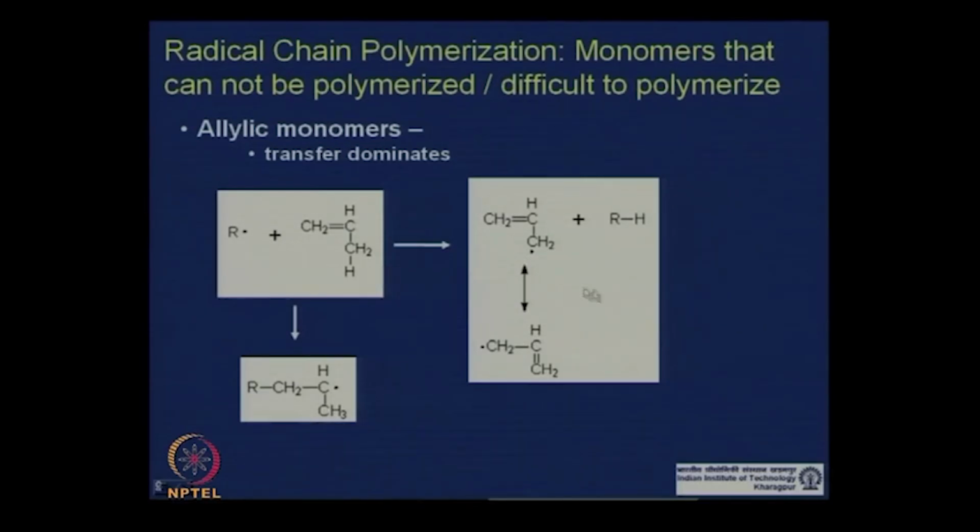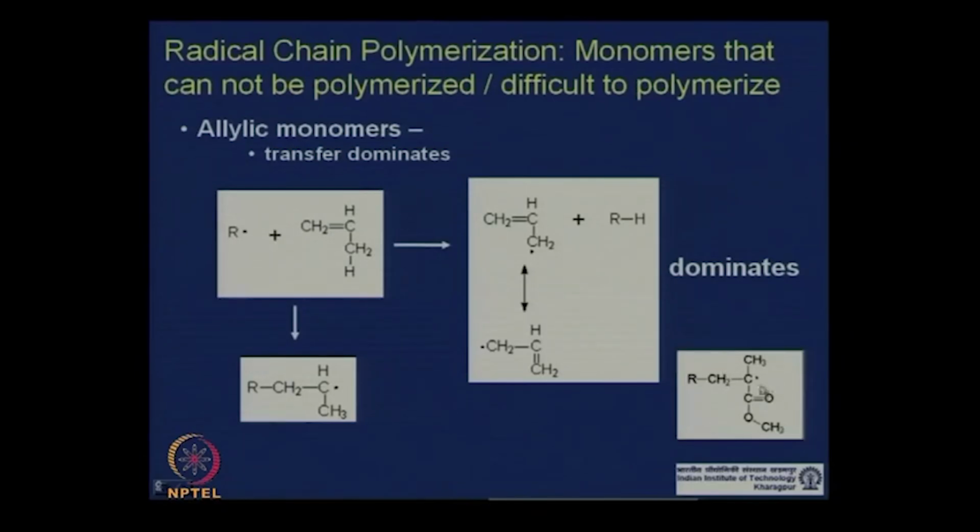So, in most cases this reaction dominates over the other reaction. This is one of the cases of transfer. For these reasons propylene is difficult to polymerize by radical, and this does not happen with a monomer like methyl methacrylate, where this possibility does not arise.